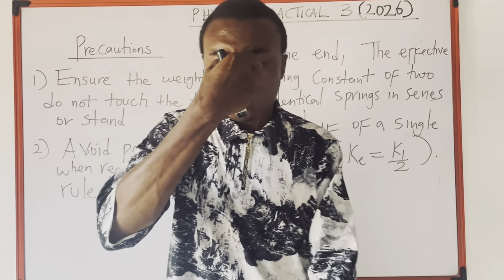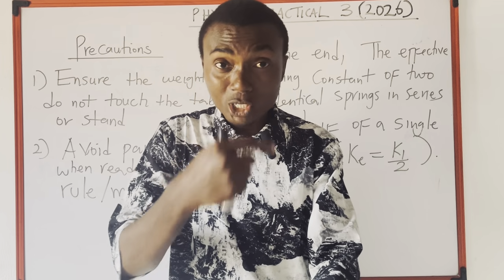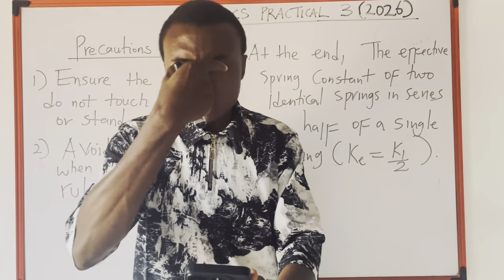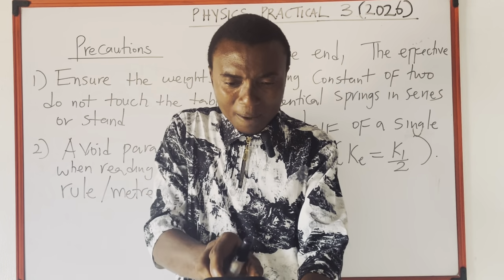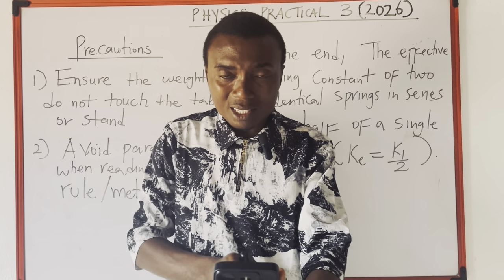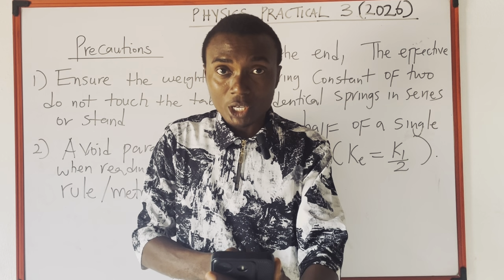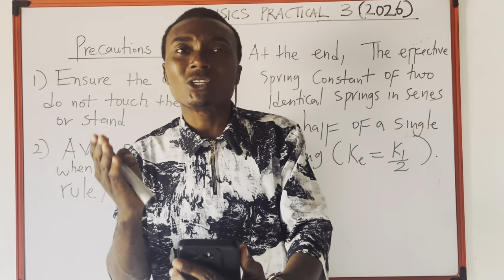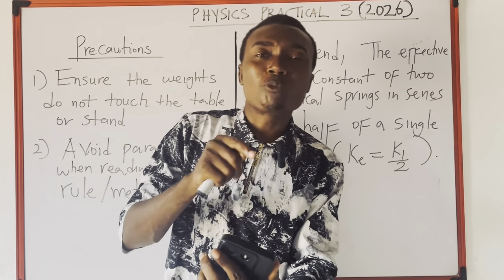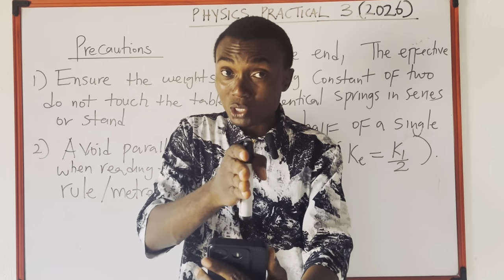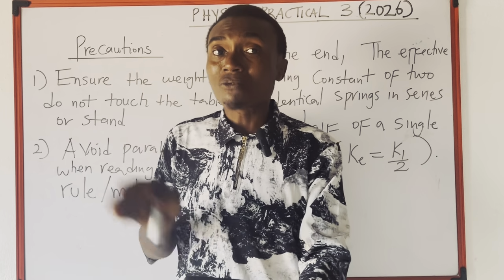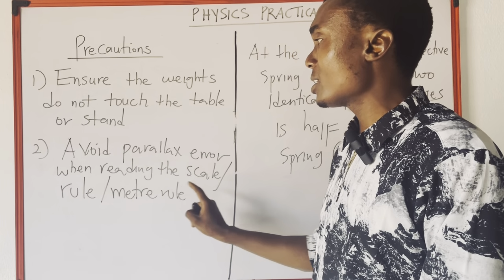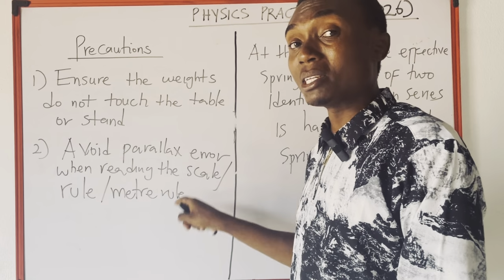Your eye should go directly, as if you are looking at your phone. Your eye should be heading towards where you are taking your readings, so that you don't make a mistake of maybe plus or minus 0.02. So everything should be directly to the instrument that you are using. So for now, we're using meter rule. Avoid parallax error when reading the scale, rule or meter rule.